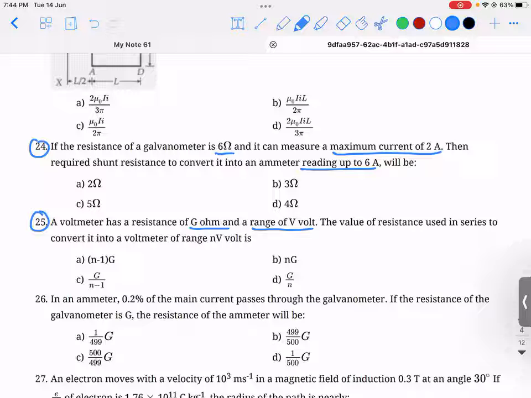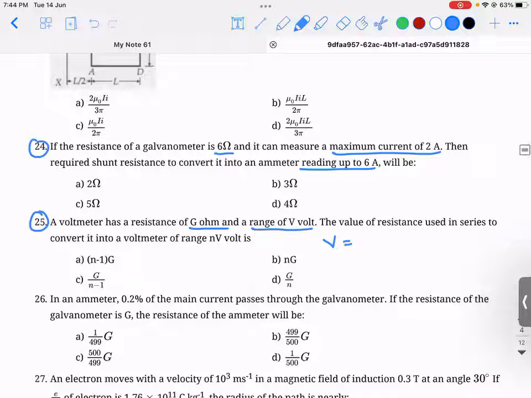So it will be connected in series. Before it was G, now it is NG. So before it, V is equal to Ig into Rg plus R series. Correct? So R series will be equal to V divided by... Can I say Ig is equal to V divided by G?